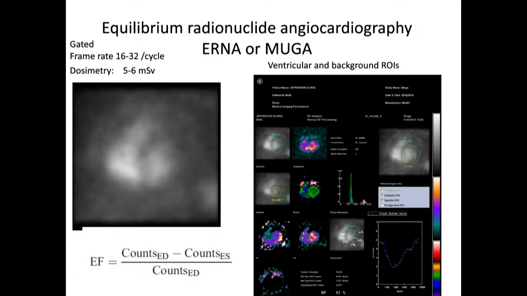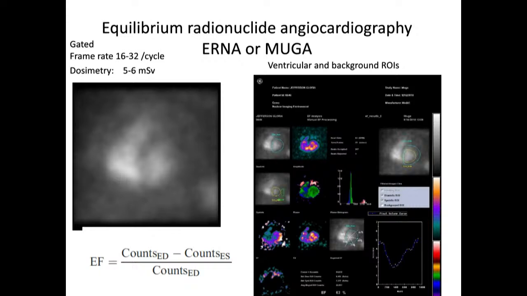You measure the counts emitted from that area, and you subtract the background. You look at end systole and diastole, and the difference of count in percentage gives you the LV ejection fraction. So no geometric assumption at all.